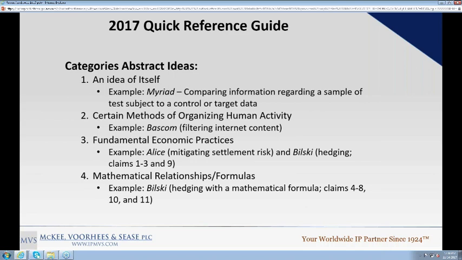But yeah, so hedging, the fundamental economic practices encompass Bilski's claims 1 through 3 and 9. And mathematical relationships and formulas is the 4th category, and that encompasses claims 4 through 8, 10, and 11 of Bilski, because Bilski at that point was claiming hedging based on a specific mathematical formula, as you guys may remember.